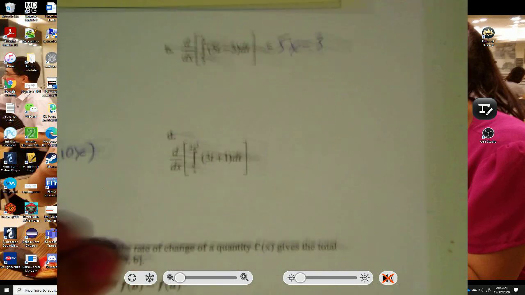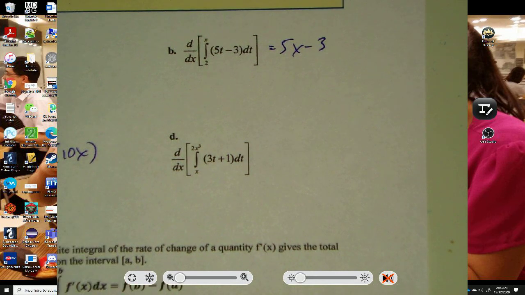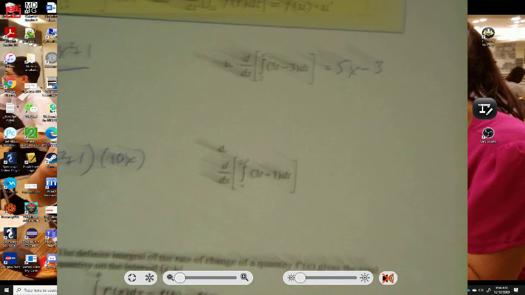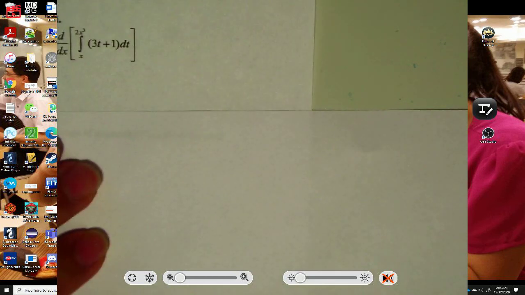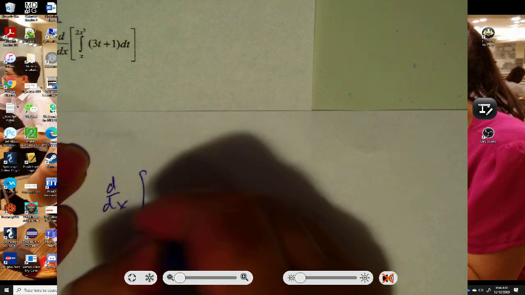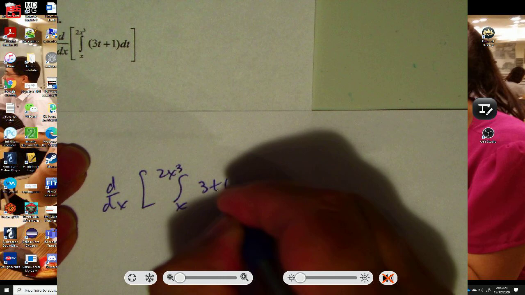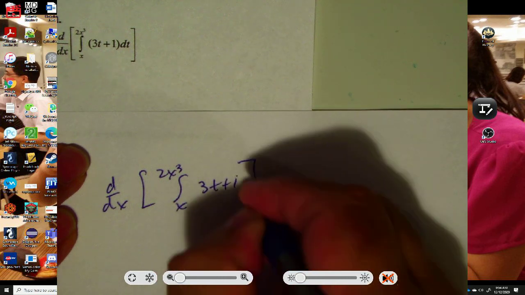Let's look at D. D is not friendly. So D, I'm going to just copy on a separate sheet of paper because there's not enough space for that. So it's d/dx of the integral from 2x cubed to x of 3t plus 1 dt.